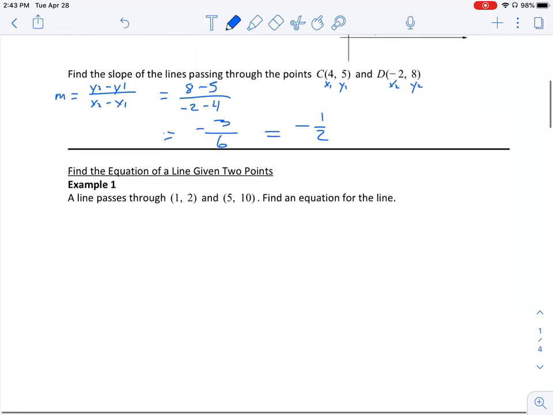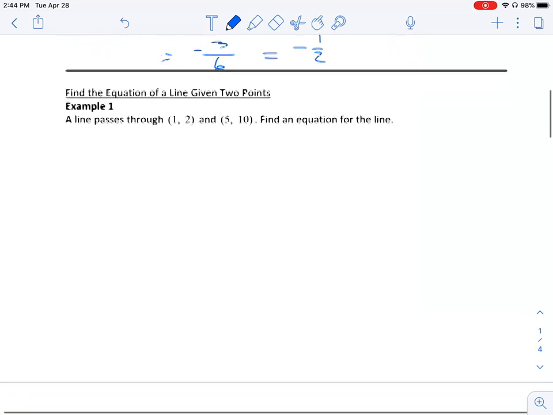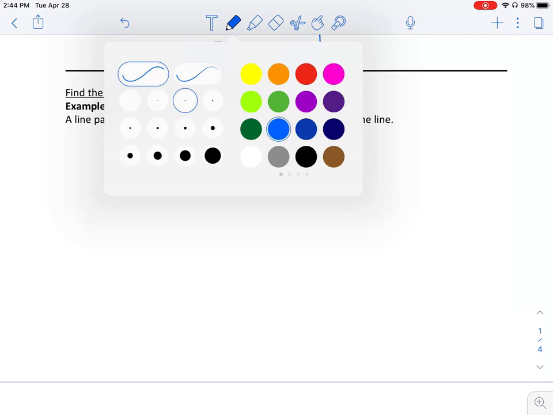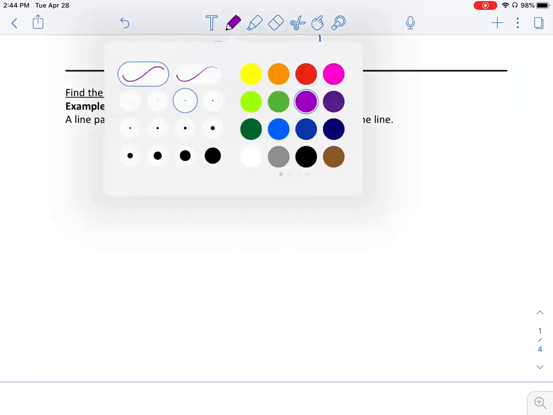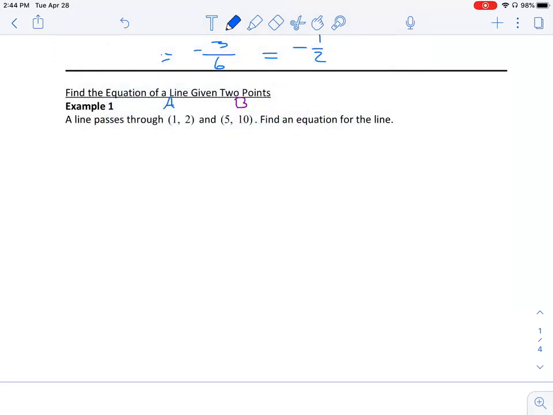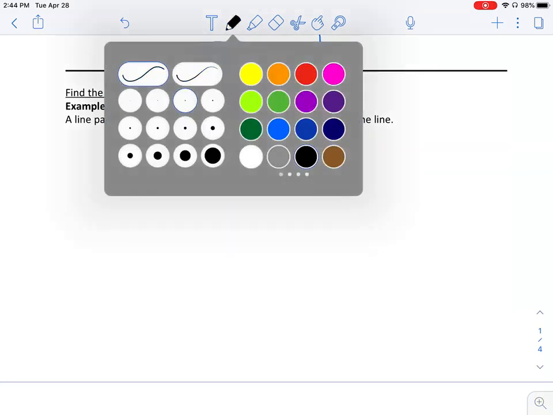So when we're finding an equation of a line given 2 points, there are a few steps that we have to go through, right? I'm just going to quickly label this point A, and I'm going to label this point B. So first step, we're going to find our slope.